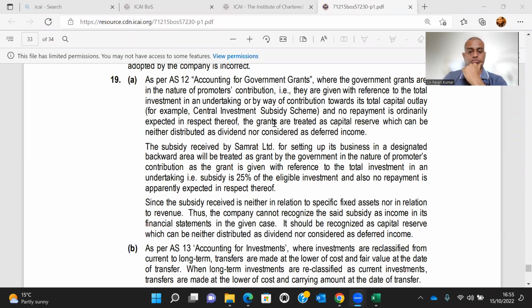Since the subsidy received is neither in relation to specific fixed asset nor in relation to revenue, the company cannot recognize the said subsidy as income in its financial statements in the given case. It should be recognized as capital reserve, which can be neither distributed as dividend nor considered as deferred income. Superb. That's all.